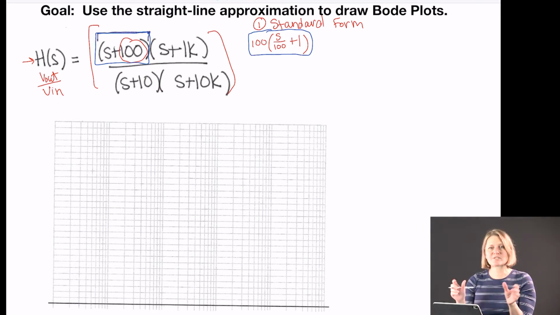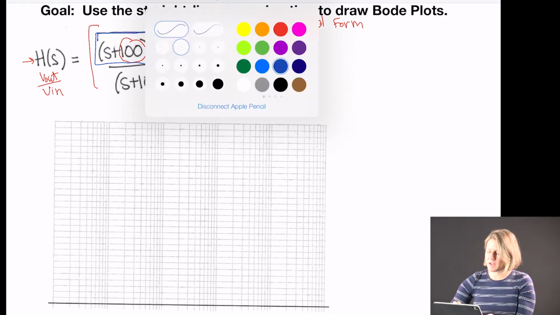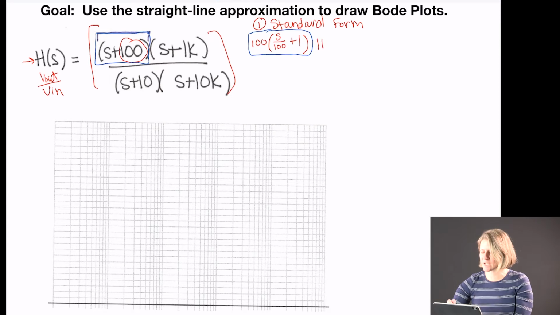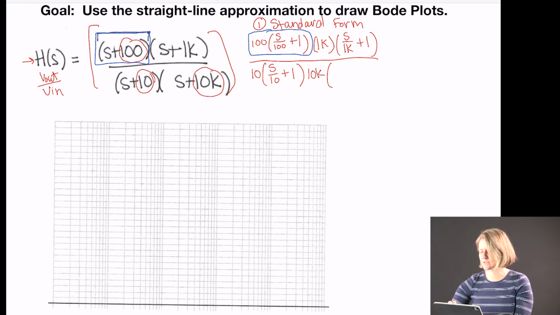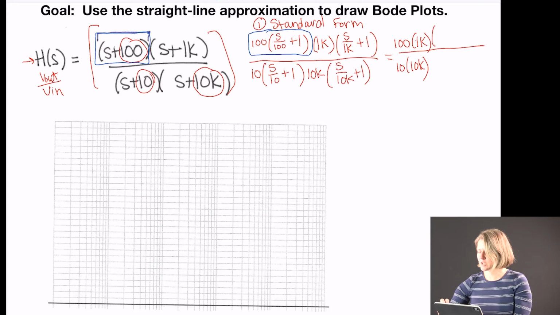So you have to make sure they're the same. For the next one, we take out 1K, and that means we have to divide by 1K and then plus 1. On the bottom, we take out this 10 in order to get the form of the plus 1 there, and we take out this 10k to give S over 10k plus 1. So now all these numbers out in front are 100, 1k, 10, and 10k.